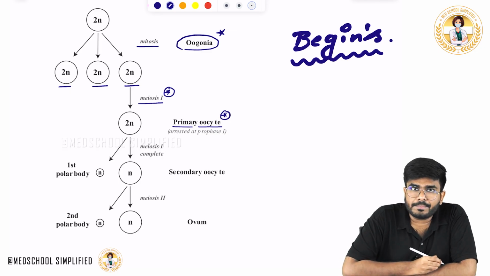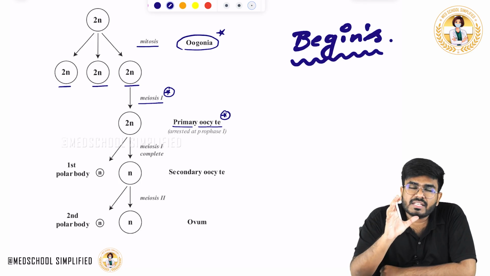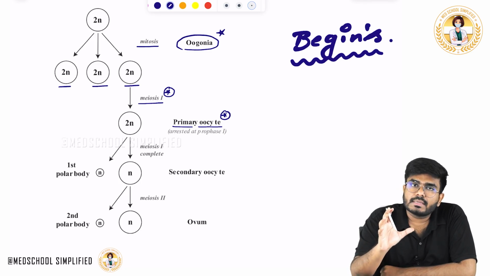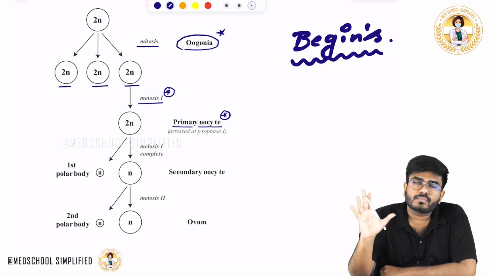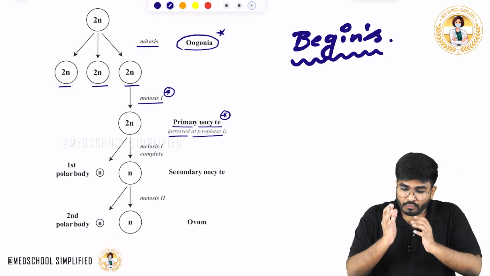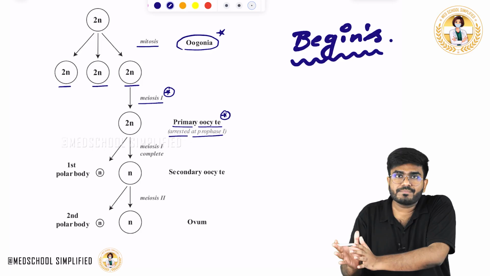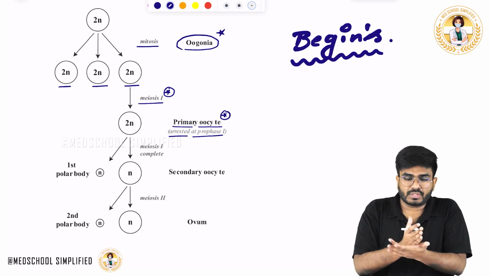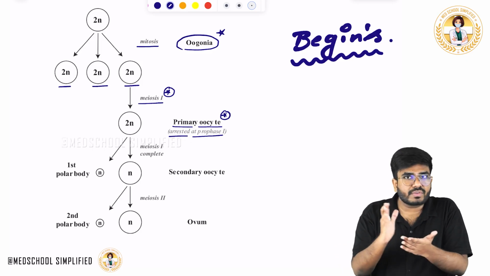But the problem is, these primary oocytes have entered into meiosis 1, but this meiosis 1 is arrested. There is arrest in the prophase 1 of meiosis 1. The oocytes are arrested. Meiosis 1 is not completed.